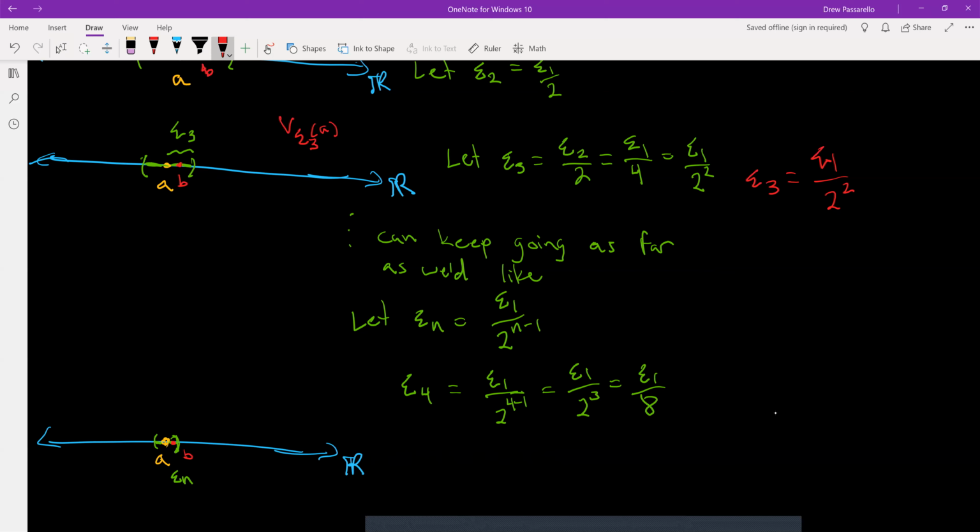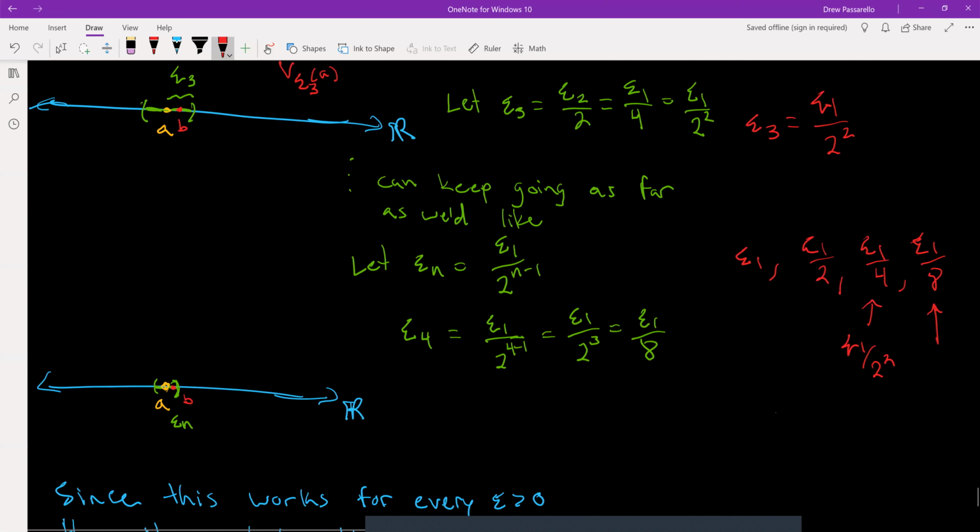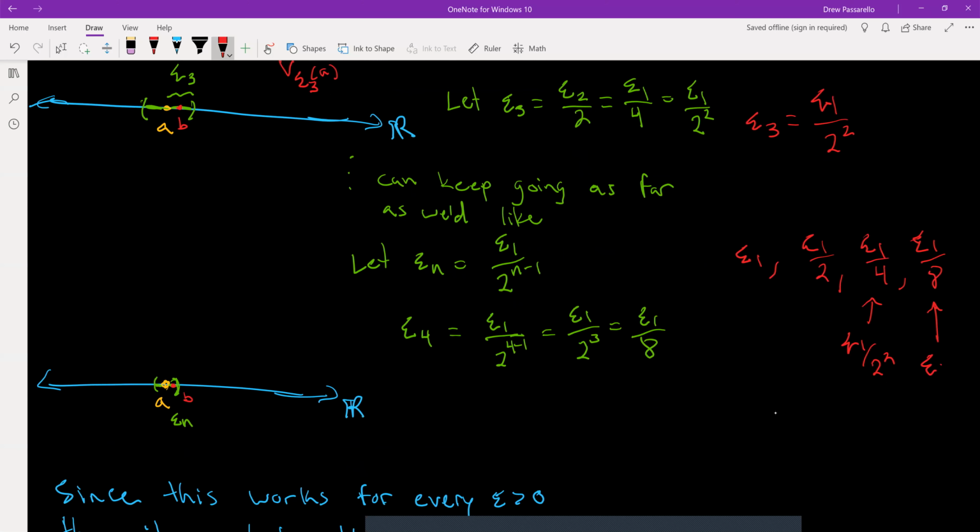So we have our string of epsilons, and let's say you had epsilon 1, and then epsilon 1 over 2, epsilon 1 over 4, which is epsilon 1 over 2 squared, epsilon 1 over 8, that's epsilon 1 divided by 2 cubed.